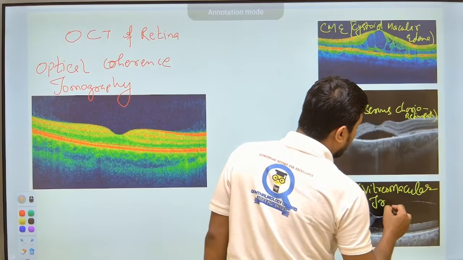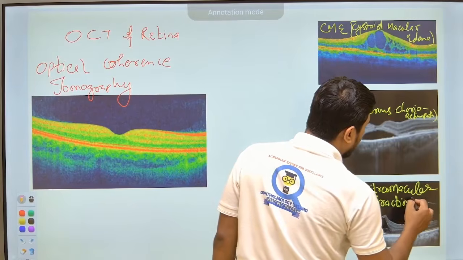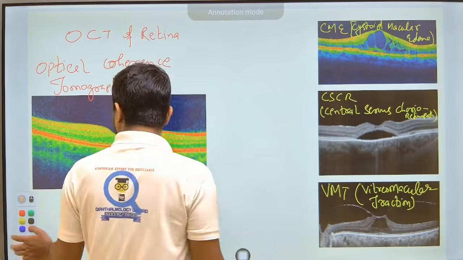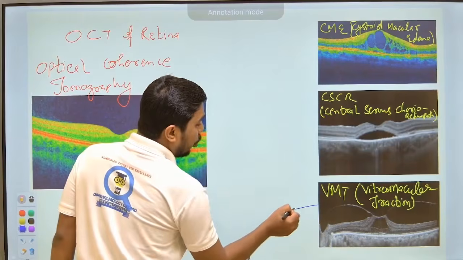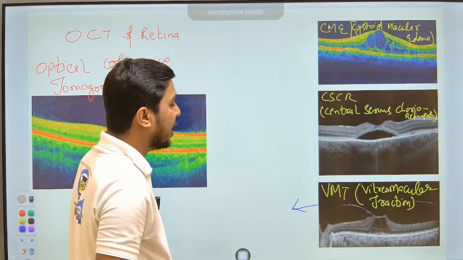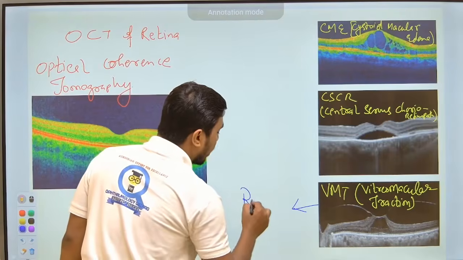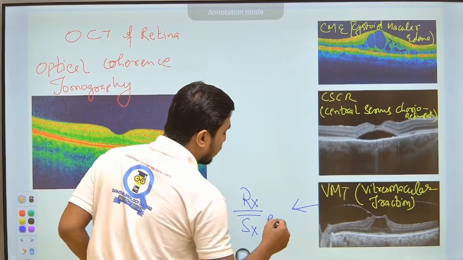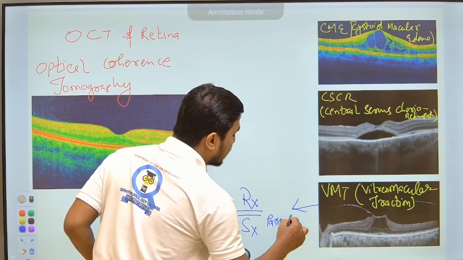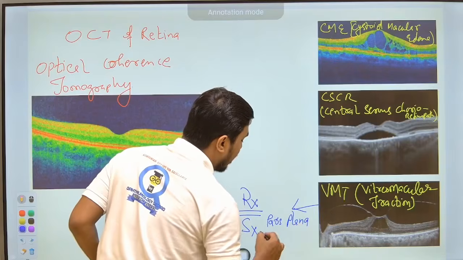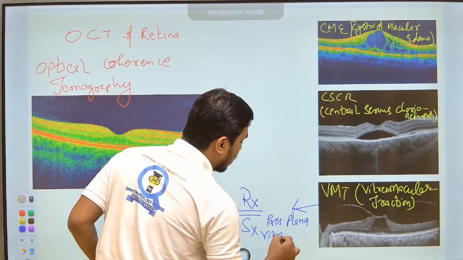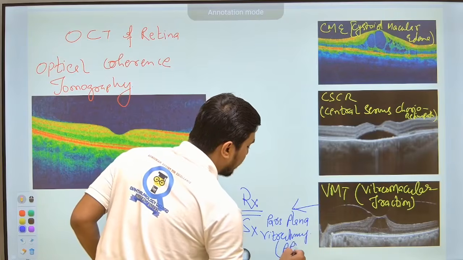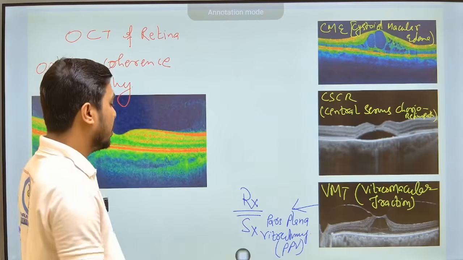One important thing I must tell you about VMT is that the question is most often asked on what the treatment is. Treatment is straight away surgical, that is pars plana vitrectomy, or simply PPV. This is the treatment, right?